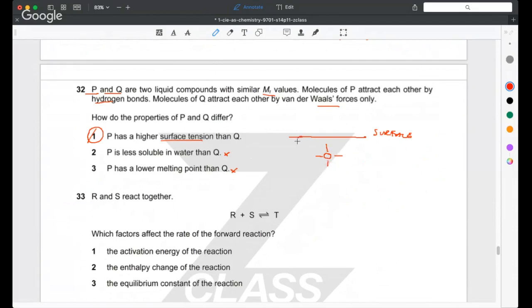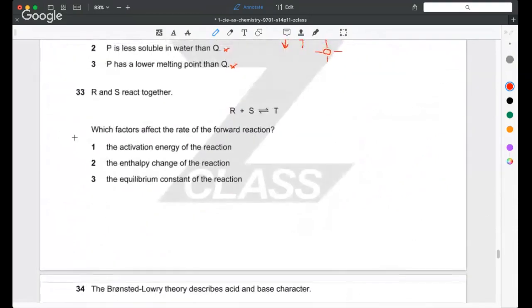But at the surface, you've got hydrogen bonds pulling down, hydrogen bonds to the side, hydrogen bonds to the other side, but no hydrogen bonds at the top. And so you end up with a net force pulling the molecule on the surface down. It's that overall force from the unbalanced hydrogen bonds that leads to surface tension. And so when you've got stronger bonds pulling P down, that gives you a higher surface tension than Q. So the answer there is 1 only, and 1 only gives us answer D on the multiple choice key.